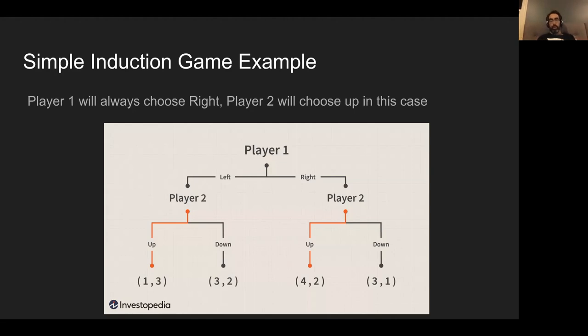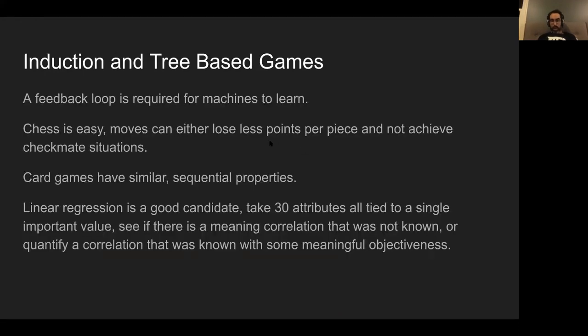I don't know, I'm not that good at chess. But there's all sorts of algorithms that I had to learn for a game theory course that was very, very rigorous and obnoxious. Okay, so how do machines actually learn based on these induction games?